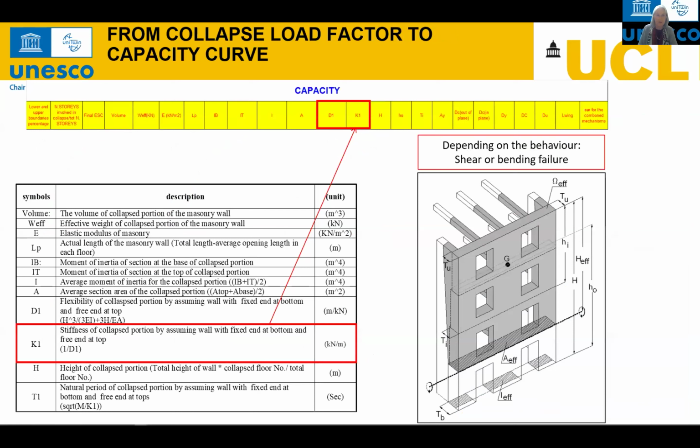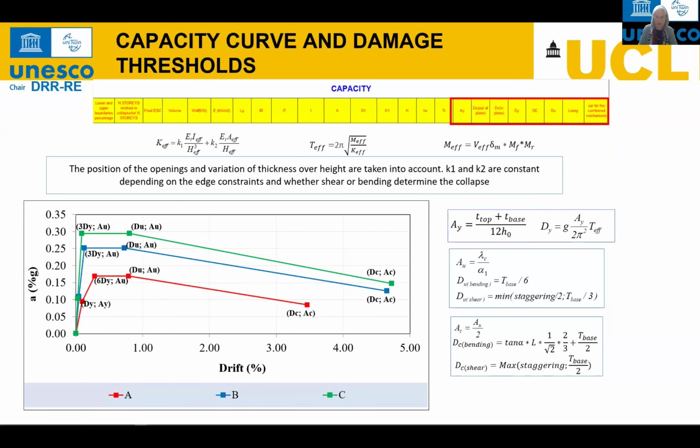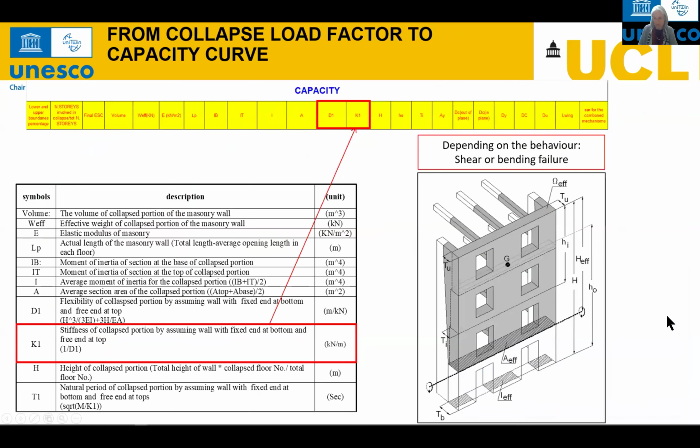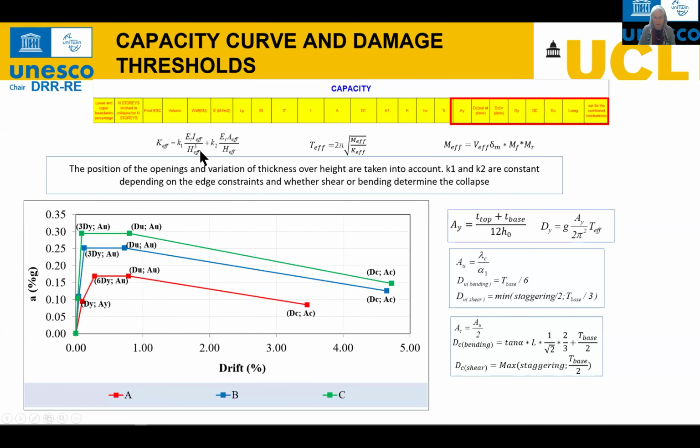Another way is to determine, from the collapse load factor, the capacity curves, by using the characteristics of the facades that we had seen before. Particularly, we have the mass from the information that you provided. We then need to determine the stiffness so that we can determine a natural period. By determining the effective stiffness and the effective mass, we can then determine, as I said, the natural periods.